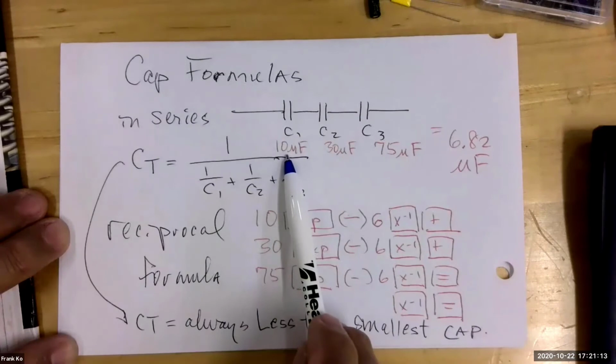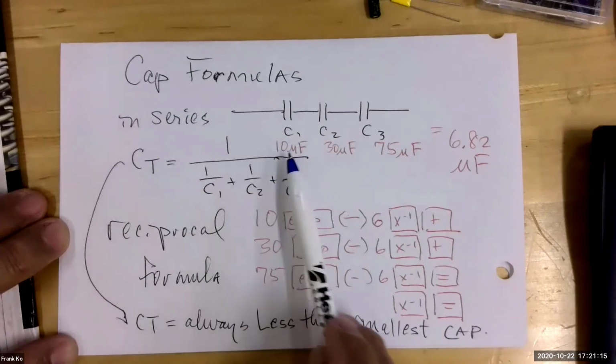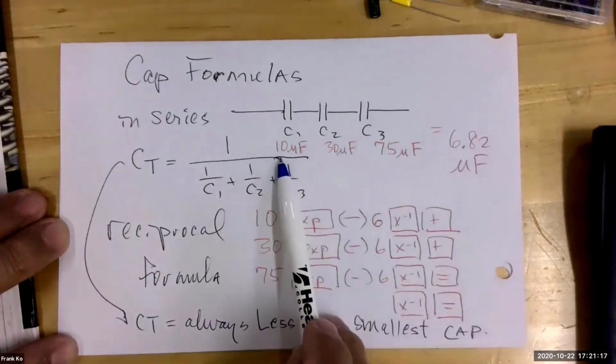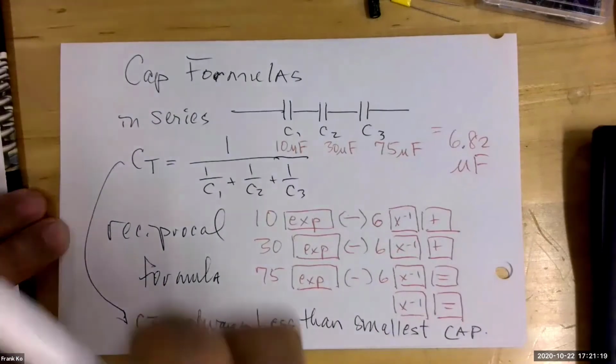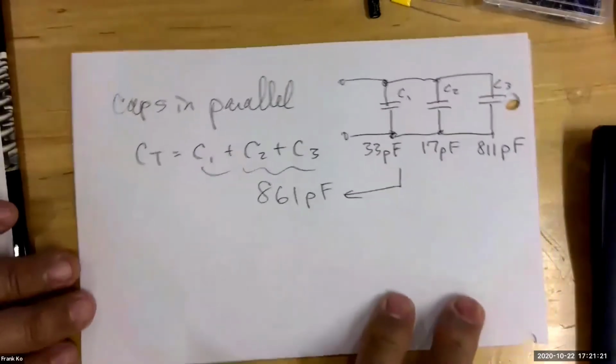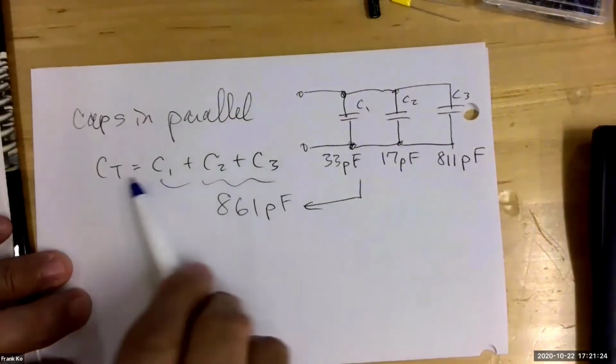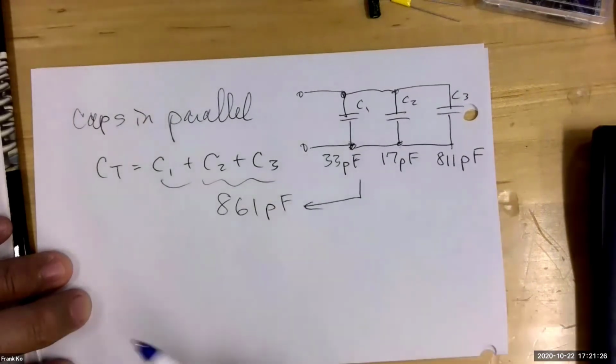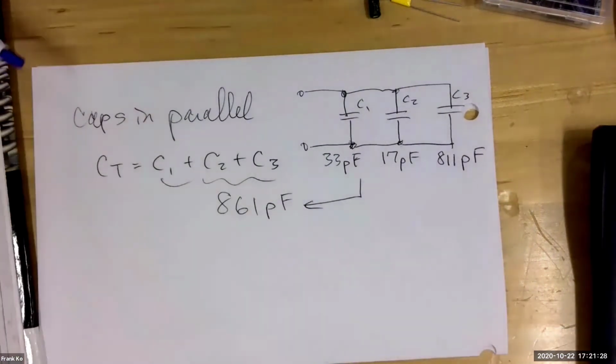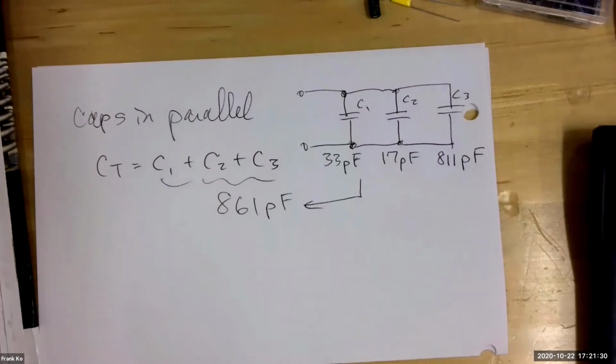My smallest cap was 10 microfarads. In this sequence, my CT calculated to be less than 10 microfarads. If we go to play with caps that are in parallel, well, we use the sum method, and that's just a straight sum.